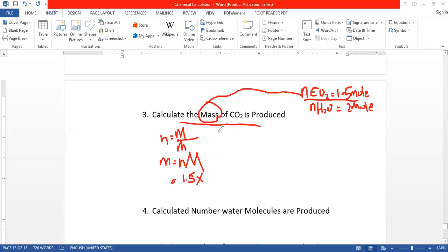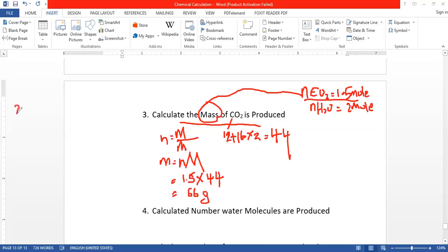n is 1.5. And the molar mass of carbon dioxide we should count. It's 12, and oxygen is how much? 16 into 2. So then 44. So if you bring this 44 now, what's the answer? 3 over 2 into 44, that is 66 gram.